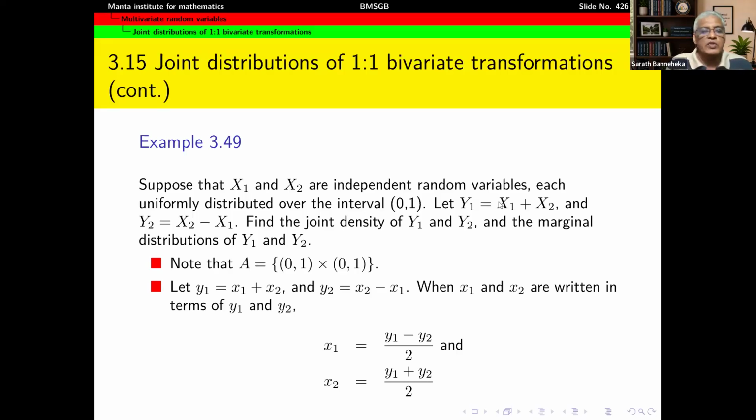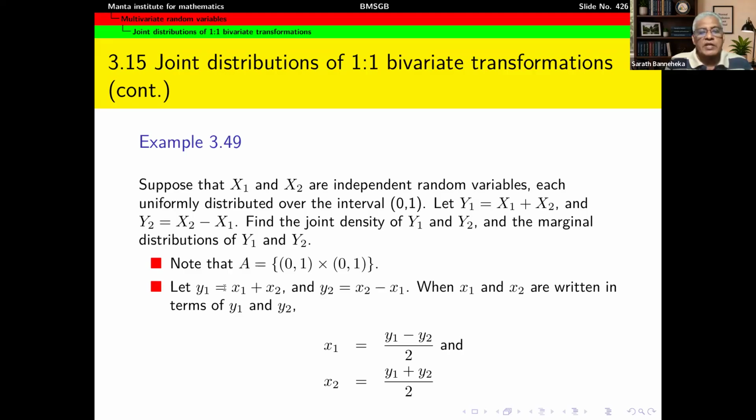So y1 is equal to x1 plus x2, y2 is equal to x2 minus x1. When you solve these two equations, we can write down x1 and x2 in terms of y1 and y2 like this. x1 is equal to (y1 minus y2) divided by 2, and x2 is equal to (y1 plus y2) divided by 2, right?